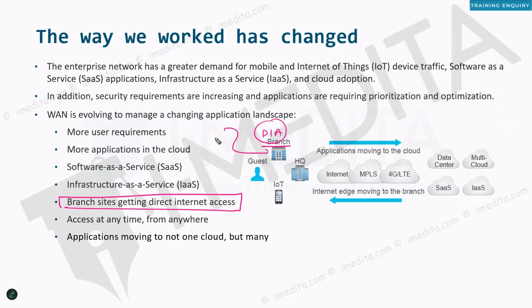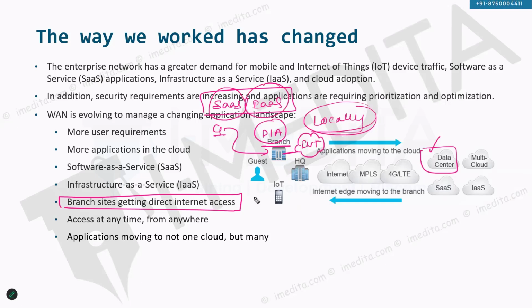Why? So that when the branch user sends some traffic for those cloud delivered applications or cloud delivered infrastructure, the traffic exits the branch locally instead of going all the way to the data center and getting the access. The branches can now access those cloud delivered applications and infrastructure locally as well.